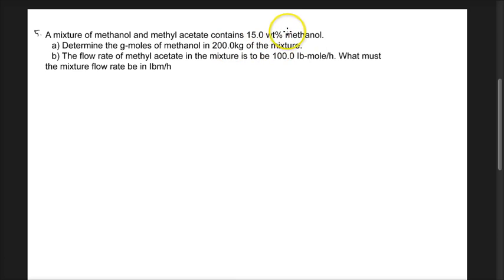If 100 grams of mixture, it only has 15 grams of methanol. For part A, it wants us to determine the moles of methanol in 200 kilogram of mixture.